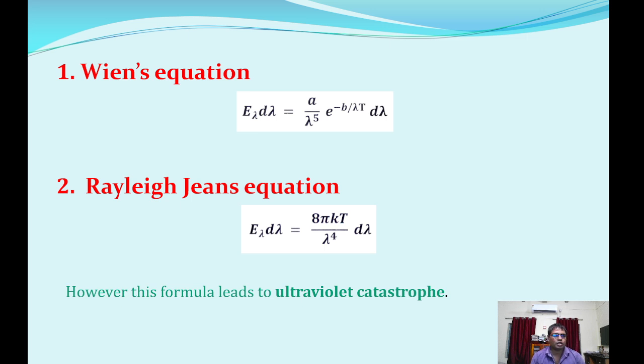Wien assumed that a black body is composed of vibrating particles that can emit radiation energy according to Maxwell's theory of electromagnetic radiations.